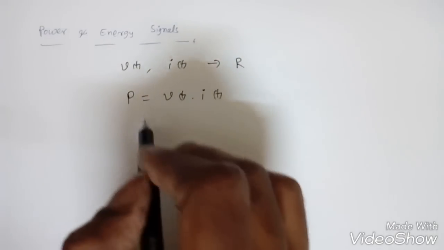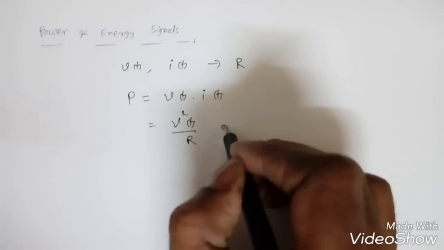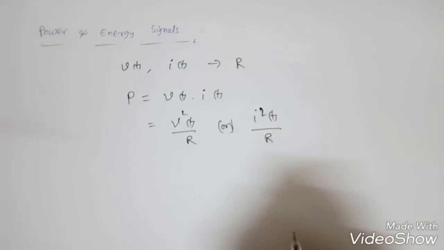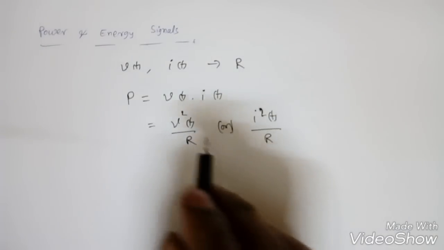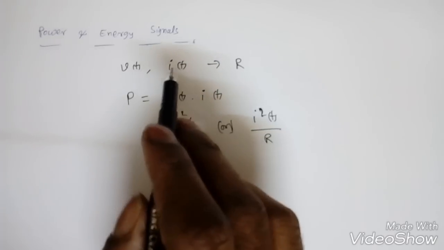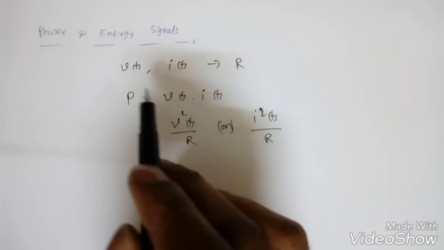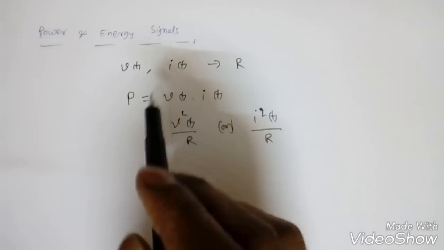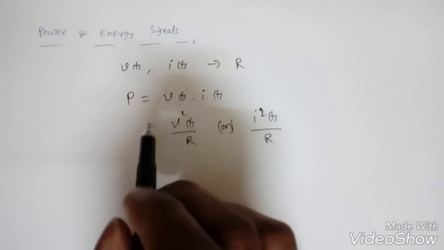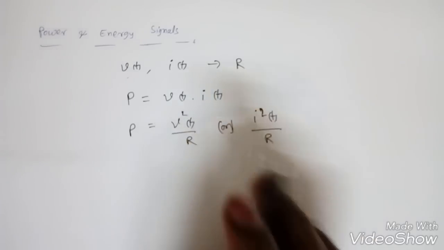In other way, V square of t by R or I square of t by R. In the physical world we generally deal with voltage and current waveforms, because when we convert mechanical energy or some other signal to electrical energy, we get electrical signals in the form of either voltage or current. That's why the power is either V square by R or I square by R.